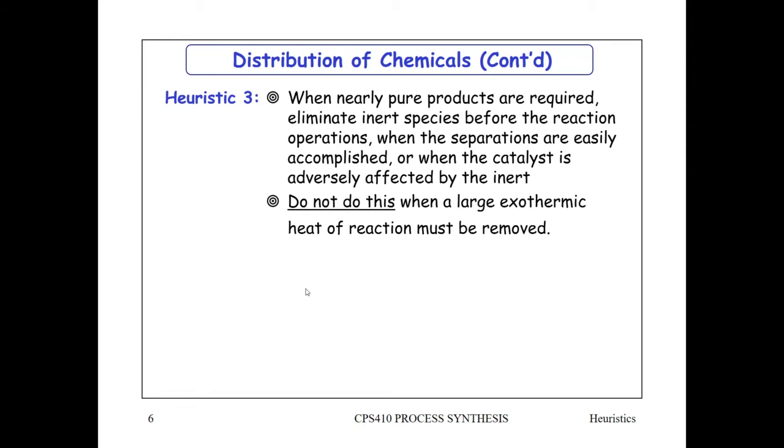Let's say there's an excess of water, and that's an inert species in the reaction you're considering. You would want the water to increase the heat capacity of the stream coming in, so that if there's a large exothermic heat of reaction, the temperature doesn't rise as much.